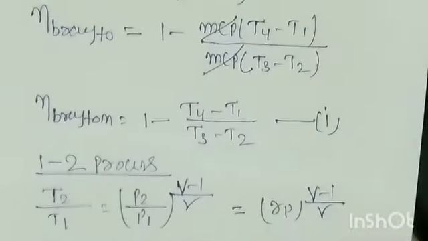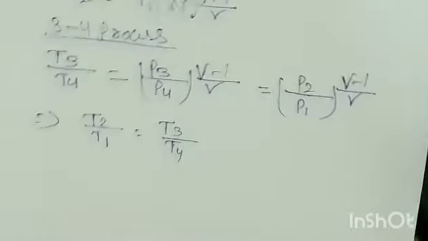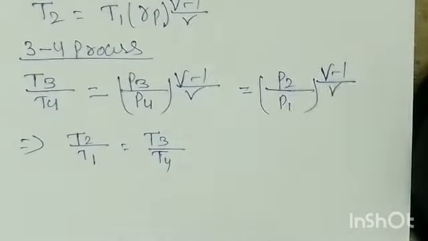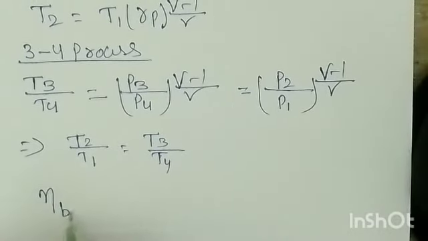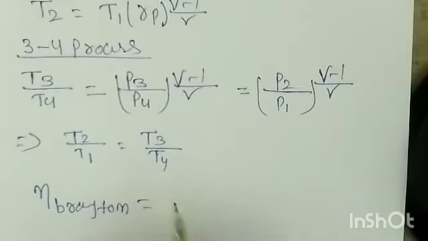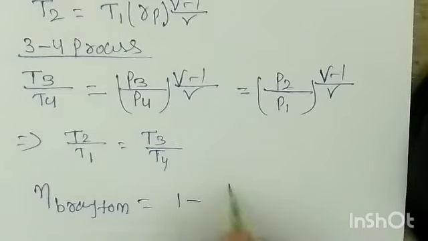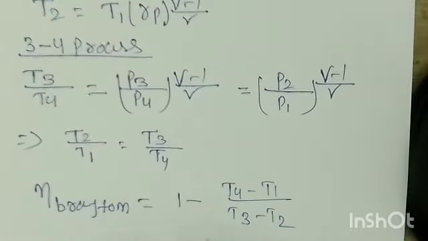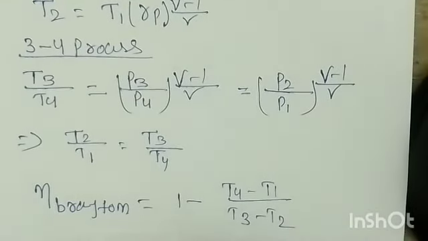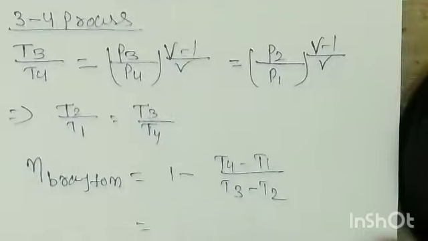Now further, you know the efficiency of Brayton is what? We already wrote that as equation 1. So from equation 1, the efficiency of Brayton is 1 minus T4 minus T1 by T3 minus T2. Is it? Okay. If I do some simplification, let's take T1 as common from the numerator.